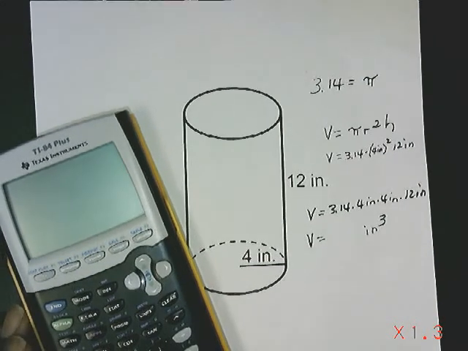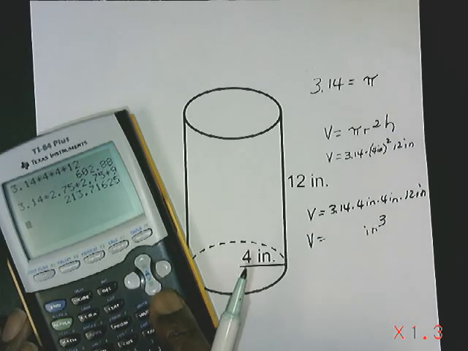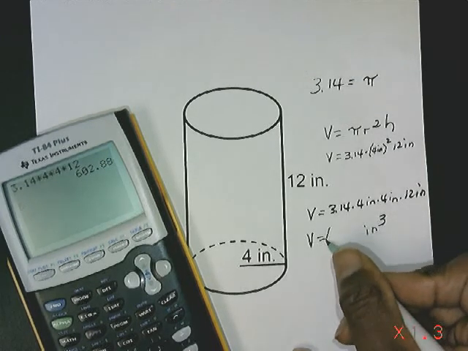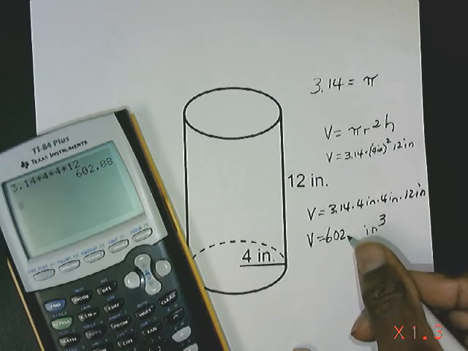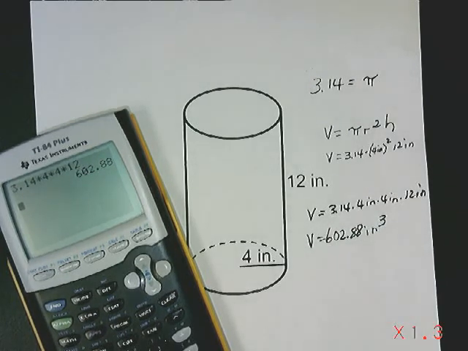I would enter 3.14 times 4 times 4 times 12 and enter, and my answer is 602.88 inches cubed.